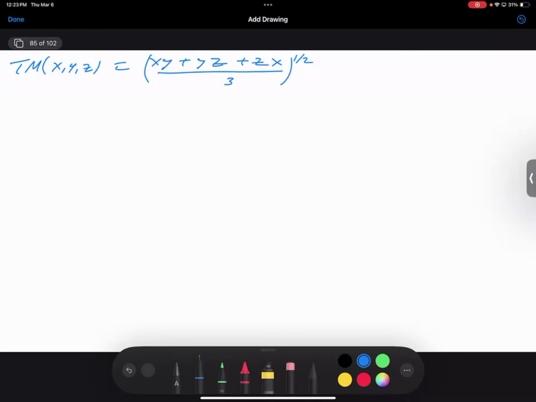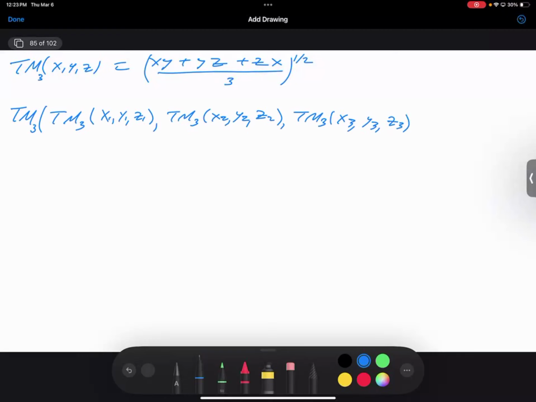So we could do the triple mean of 3 things. So we could do the triple mean of, and I'll do a subscript 3 because it's 3 things, of the triple mean of 3 things, x1, y1, z1, triple mean, x2, y2, z2, triple mean, x3, y3, z3.